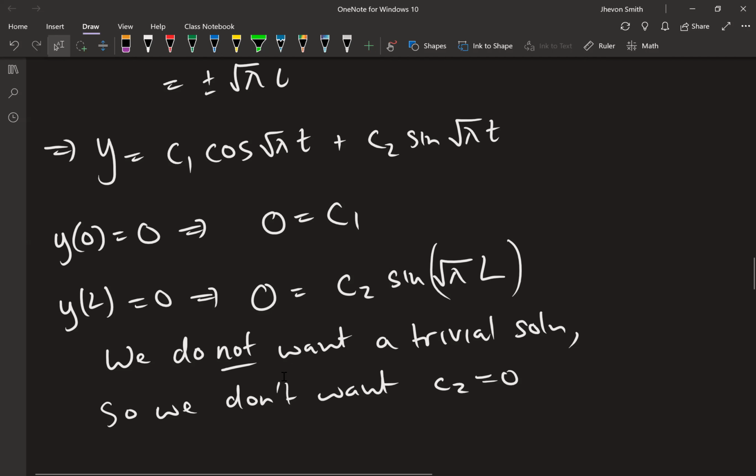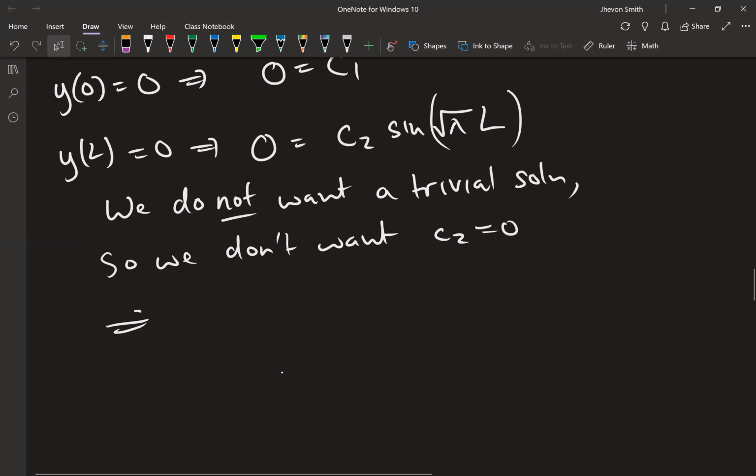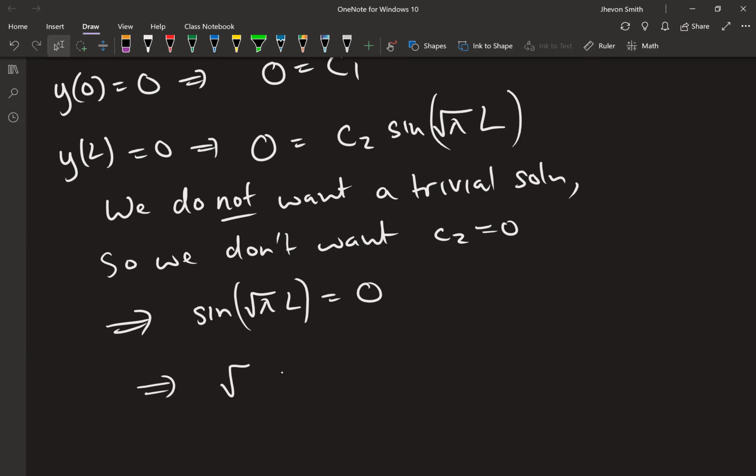This means we have to assume that our sine function is what gives us the 0. Okay, now, if sine of radical lambda L gives us 0, what does that mean the angle is?